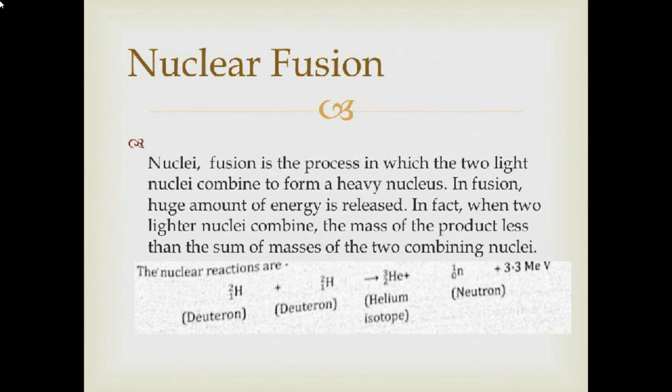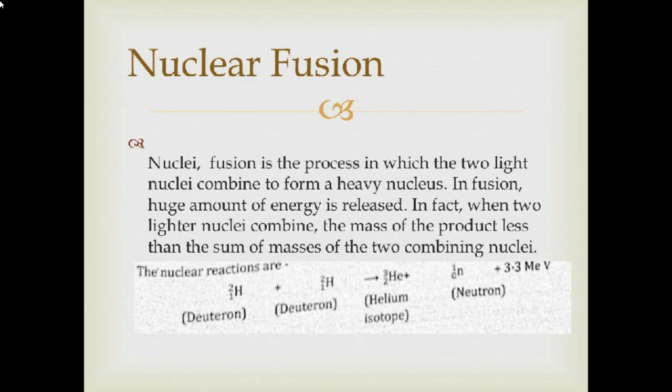Nuclear fusion. Nuclear fusion is a process in which two light nuclei combine to form a heavy nucleus. In fusion, a huge amount of energy is released. In fact, when two light nuclei combine, the mass of the product is less than the sum of the masses of the two combining nuclei, as we already discussed in the first few slides.